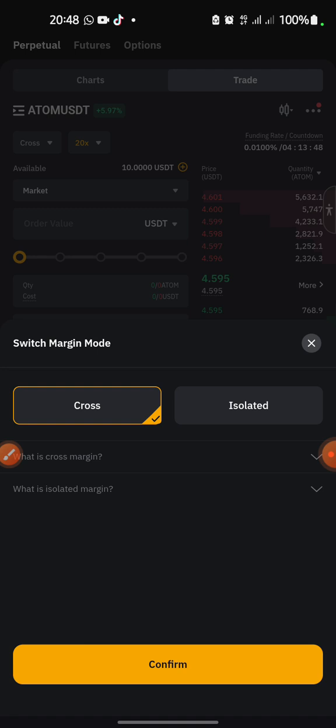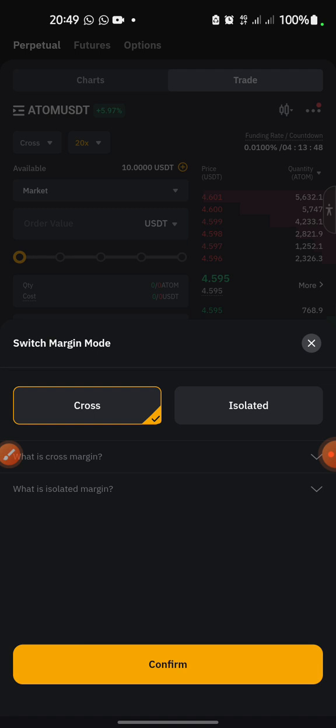It's only affecting the amount used in the trade, which is the $10. So if you're liquidated, it's only the $10 that will be affected, not your entire portfolio. But in cross margin mode, once you're liquidated, your entire portfolio would be wiped out, that's the entire $100. In the case of isolated, the only amount you're losing will be that $10 and not the entire $100.